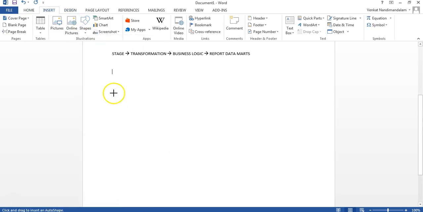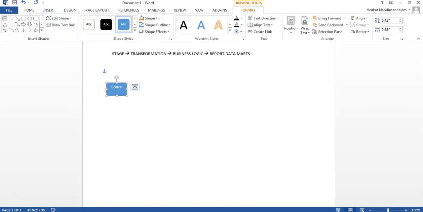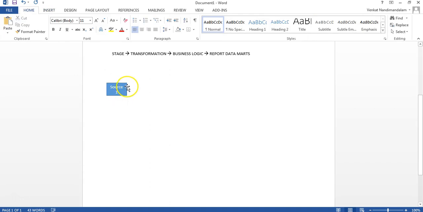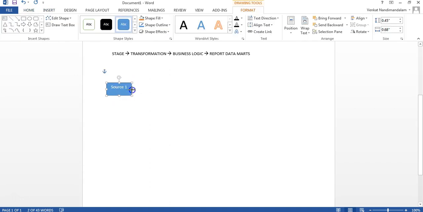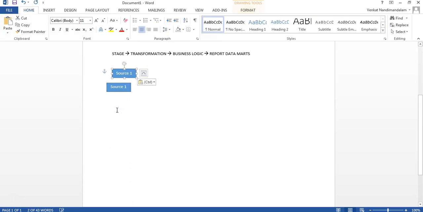So you have got so many different source systems. Okay, so let's keep 2 or 3. So you have got source 1, source 2 and source 3.